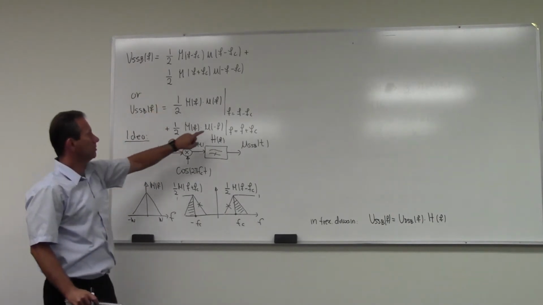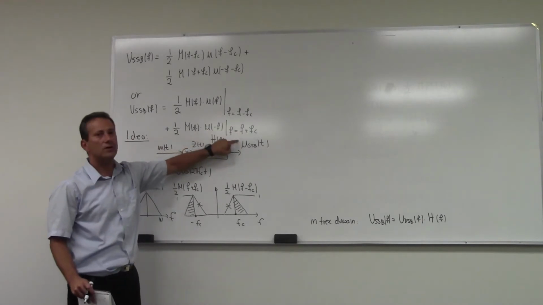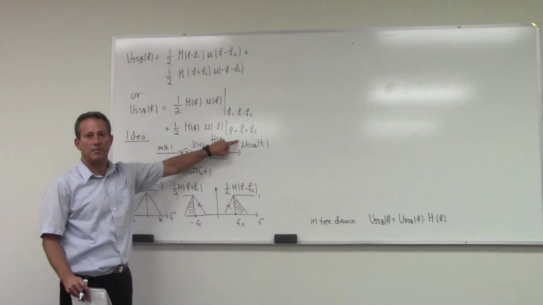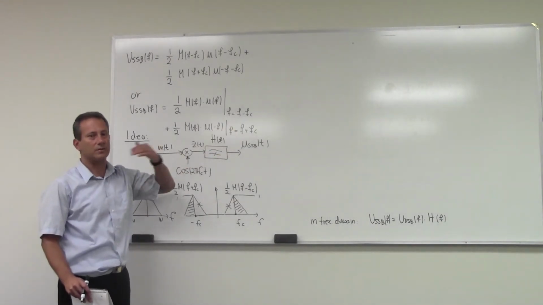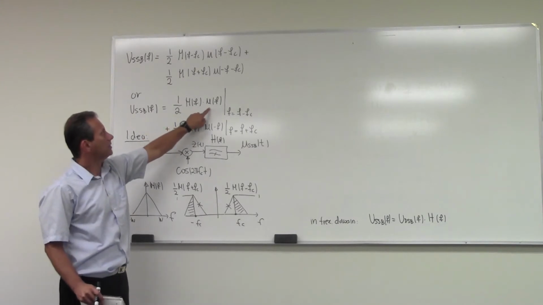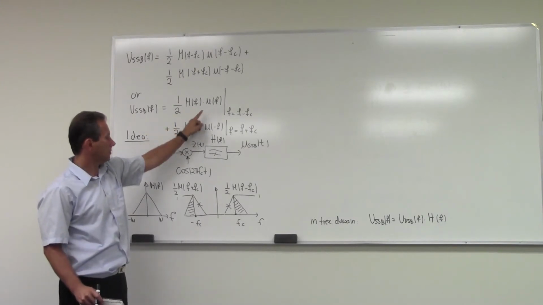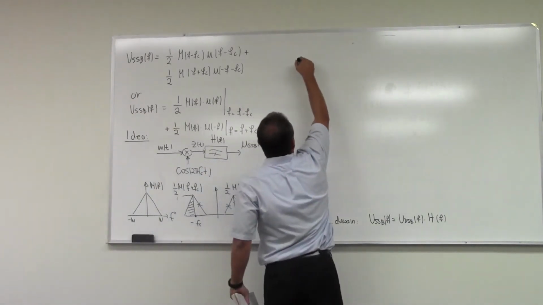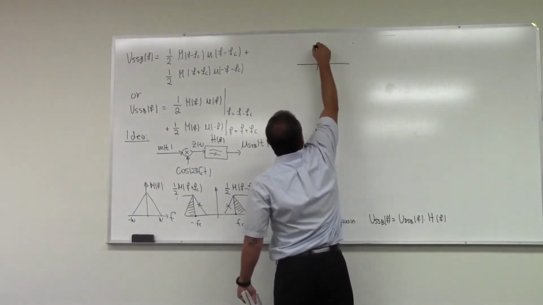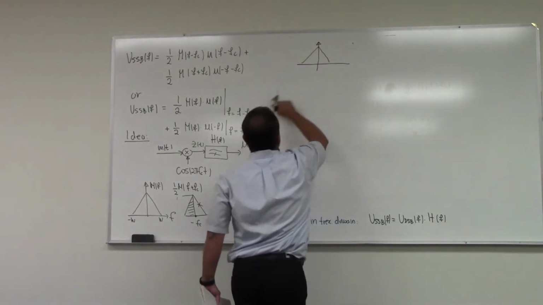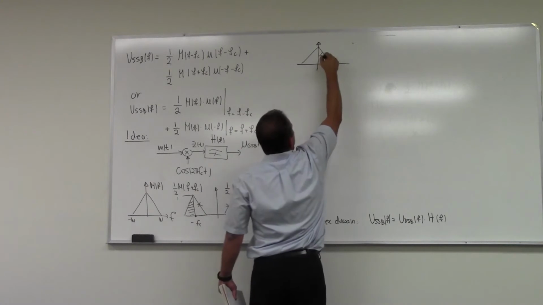Now, why is this important? Because we know what this is. This is a frequency translation, right? And frequency translation is just multiplying by the appropriate exponential. We'll do the frequency translation. This is filtering M of f times u of f. This is filtering the upper side, and if you think about what this does, if this is M of f, the first equation gets this portion, right?